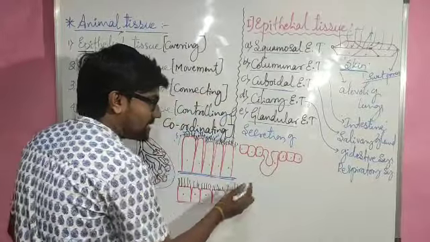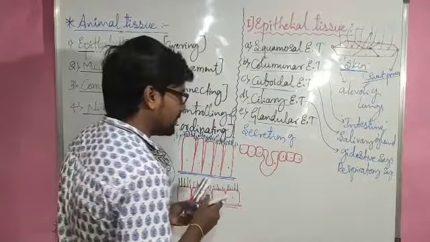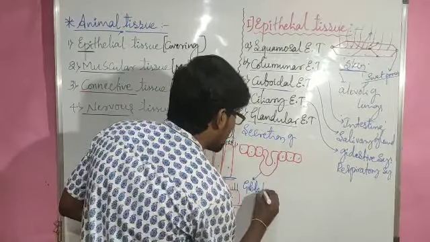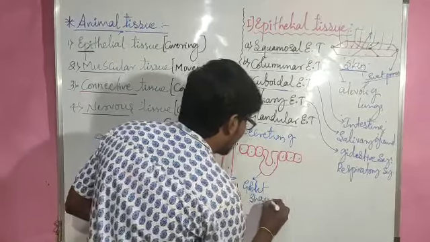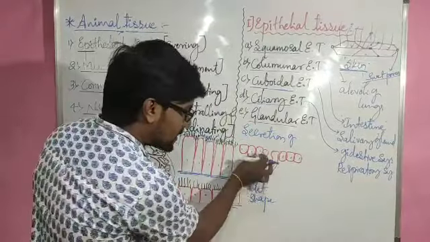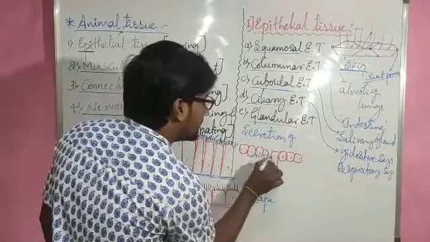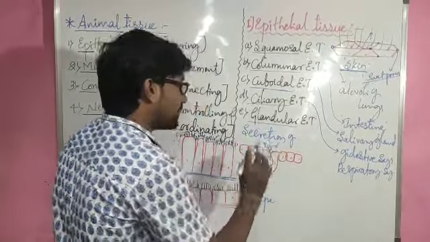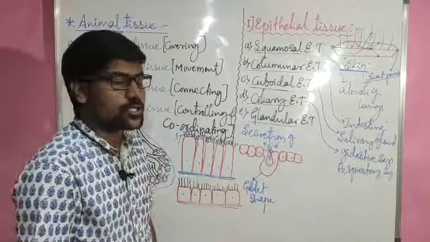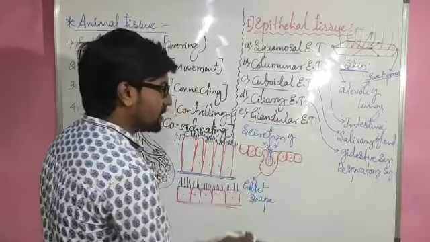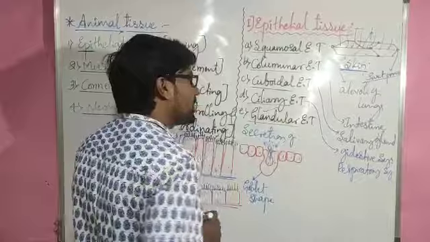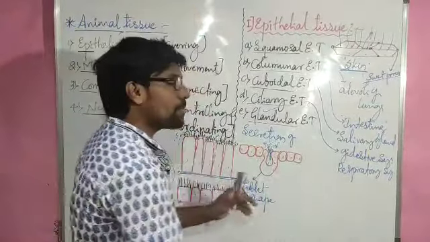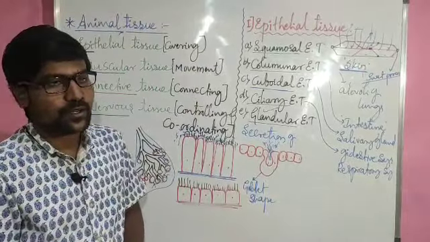This modified cell we will call a goblet cell, and the shape is goblet shape. From this cell the materials will be secreted. That means hormones, chemical messengers, they get secreted from this special cell. This is an example of a glandular epithelial cell, and many such cells together form glandular epithelial tissue, right?